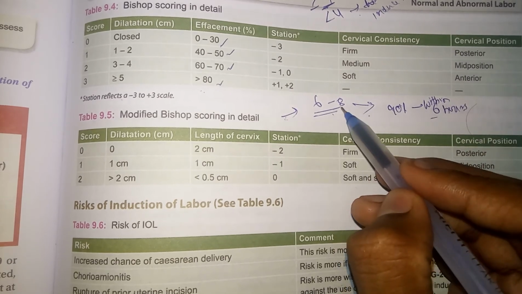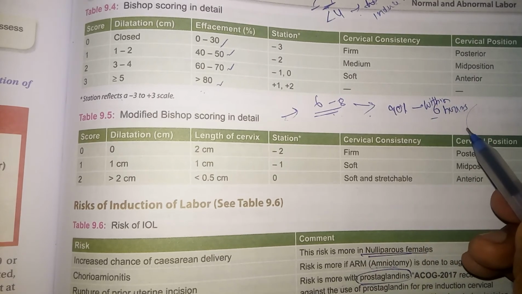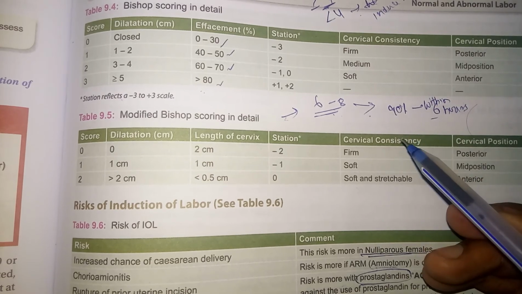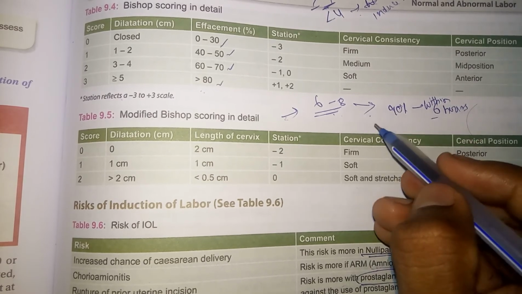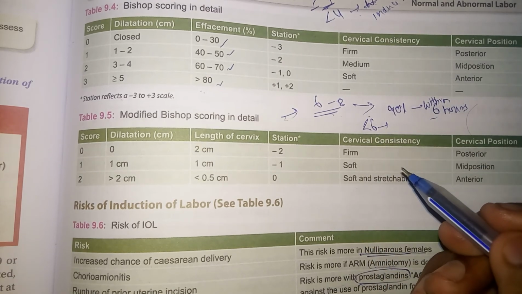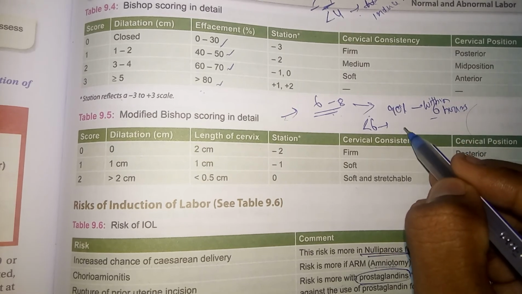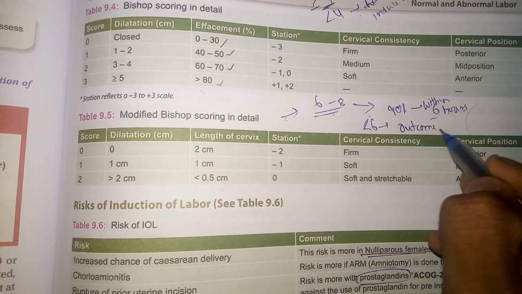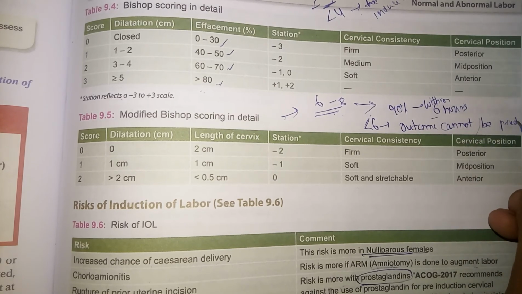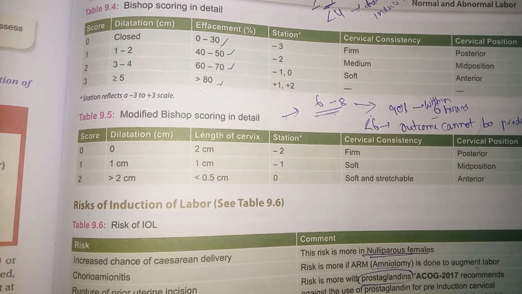If the score is between 6 to 8, then there is a possibility for the delivery within 6 to 8 hours, and this takes place in almost 90% of women. If the score is less than 6, then the outcome cannot be predictable. Right? This is about modified Bishop scoring.